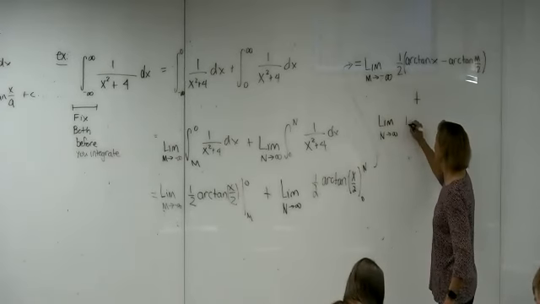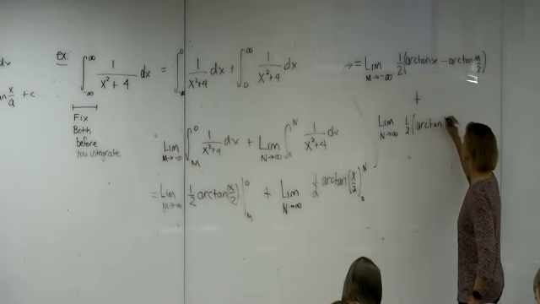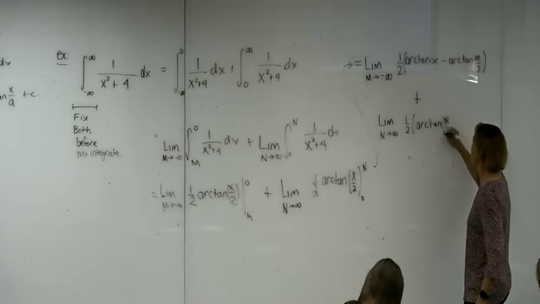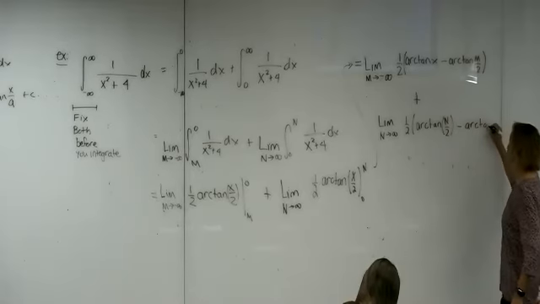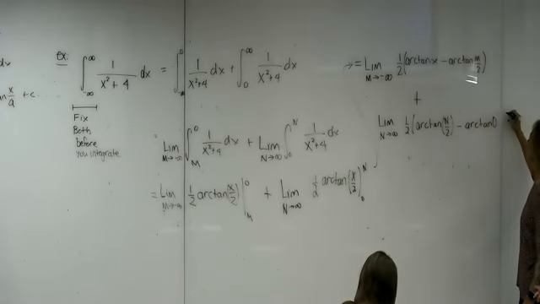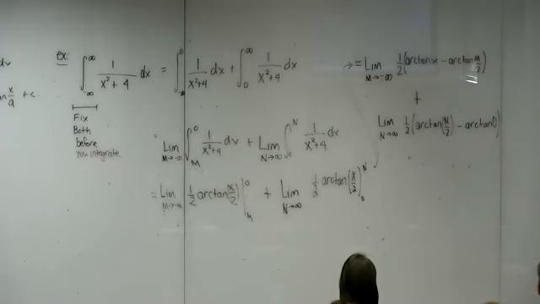I need the 1/2 arctangent of n divided by 2 minus the arctangent of 0. I was hoping somebody would tell me what the arctangent of 0 was. It is 0. Tangent of 0 is 0, so the inverse tangent of 0 is 0.